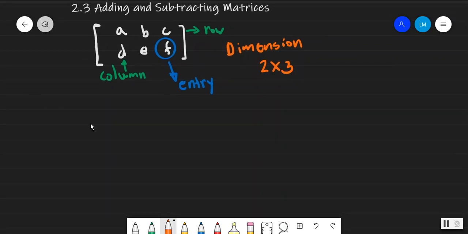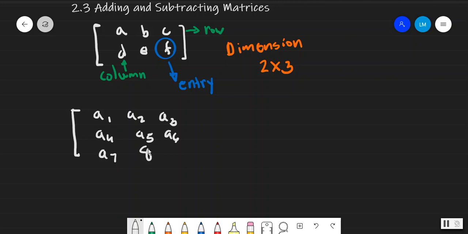Now, some things that we can look at is a little bit of notation. So let's say that you have a matrix, and we'll just write it like this. Let's say that you have the entries A1, A2, A3, then you have A4, A5, A6, A7, and A8, and then A9.